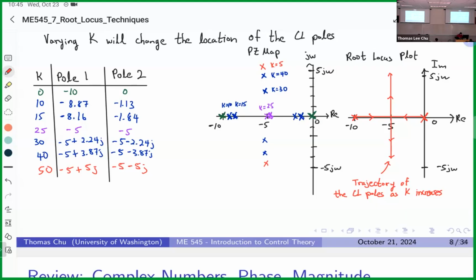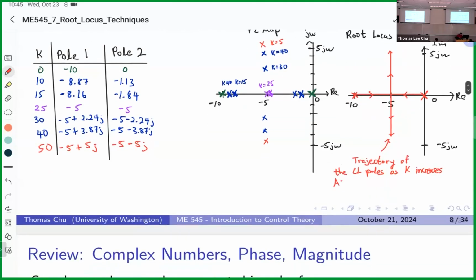One thing you can also note is that as k increases, your percent overshoot goes up as well. And our damping ratio goes down.